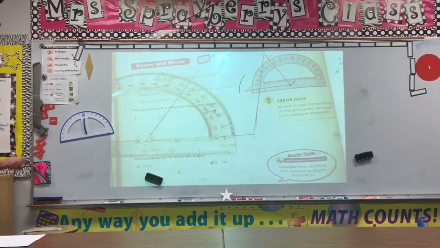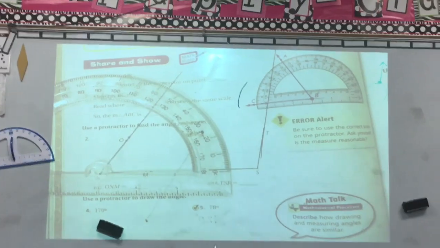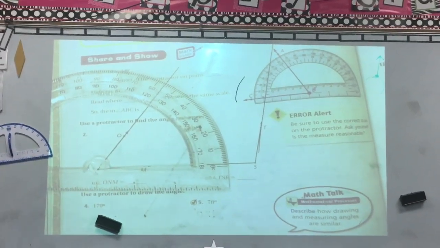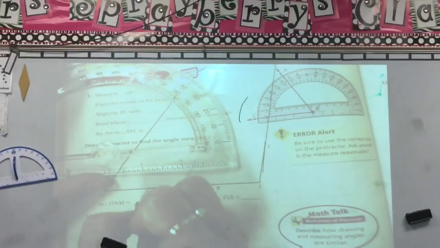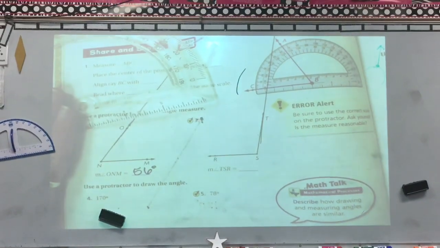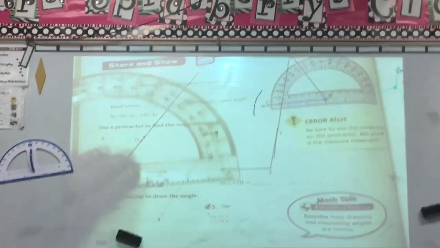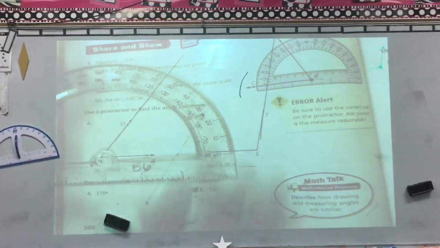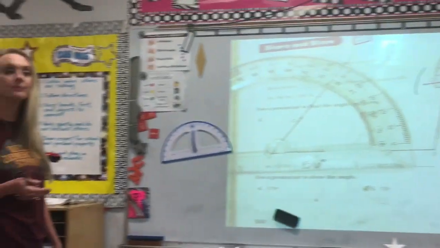You don't have to be perfect, as long as you're super close. When you get it to about 56 degrees, that is your answer for angle ONM. If you did this before I said this and you said it's about 54 or 55, that's okay.